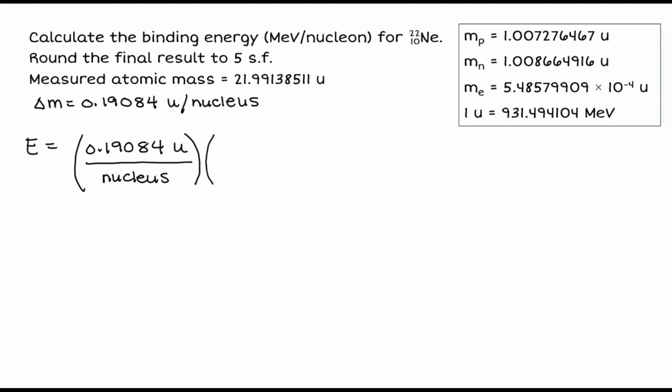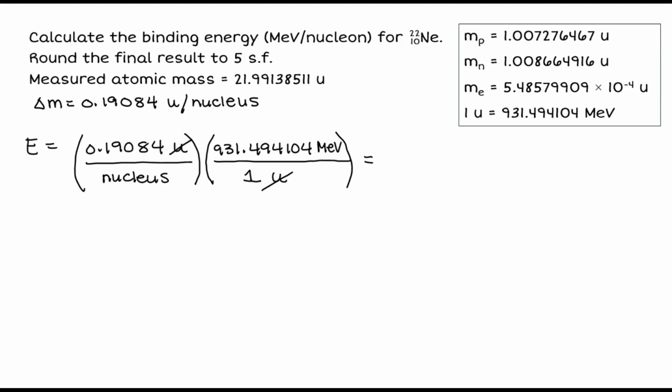Now I'm going to apply my mass-energy equivalence. I need to make sure that the units cancel. So that means 1 u will be in the denominator and 931.494104 MeV goes at the top. So u will cancel, and you can see that we'll be left with units of MeV per nucleus.